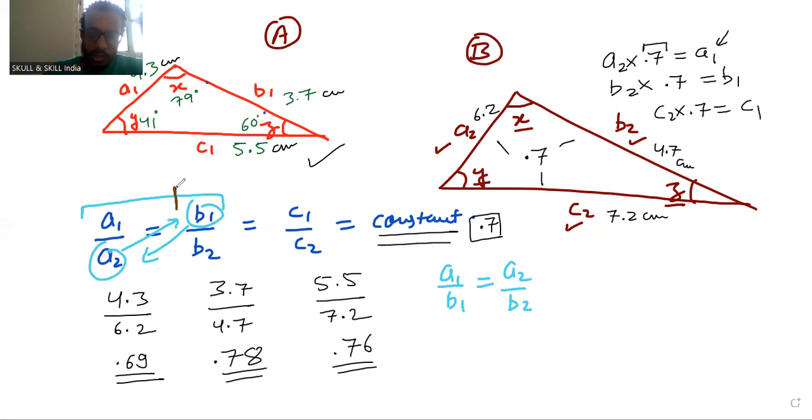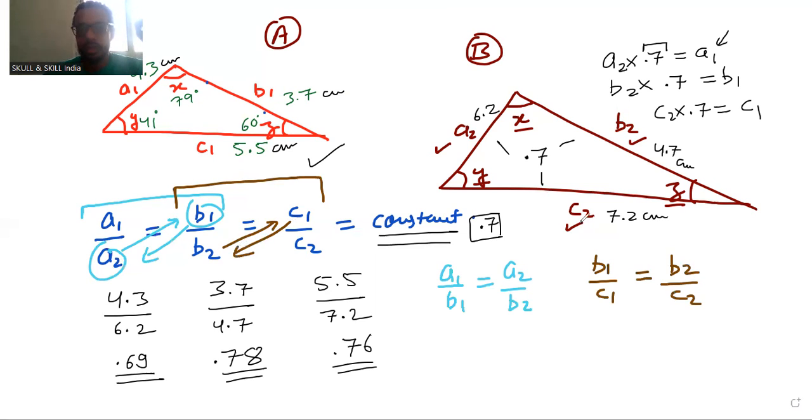Now let's take these two and do the same thing. B1 upon C1 is equal to B2 upon C2. Again, I did the same thing. I just moved it over here and moved that over there. Is that fine? Now let's take these two.